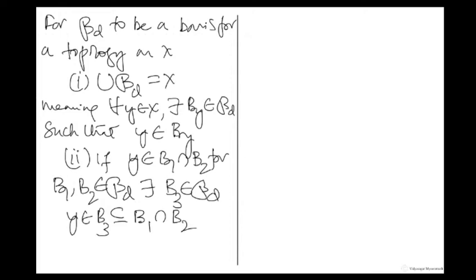So these are the two requirements which B_d has to satisfy for it to be a basis for a topology on the set X. Let's see if B_d satisfies that requirement.